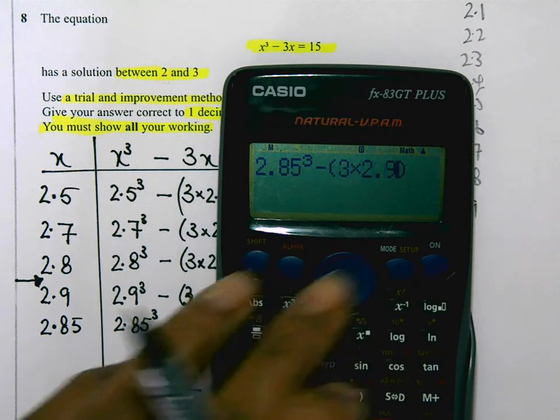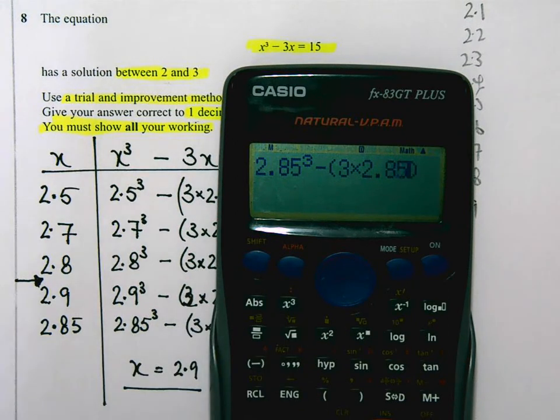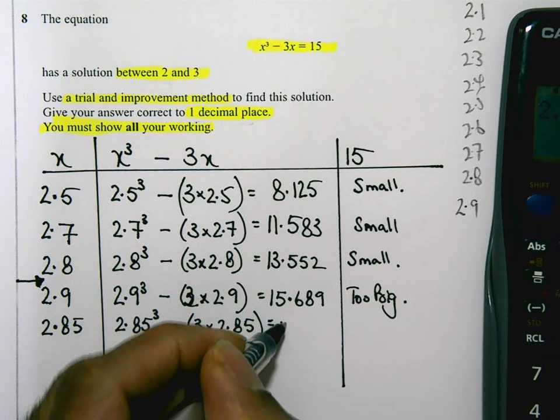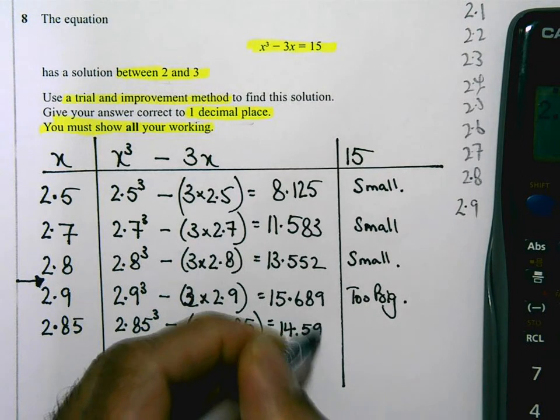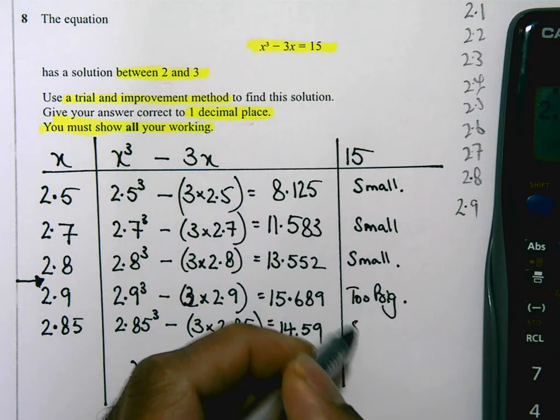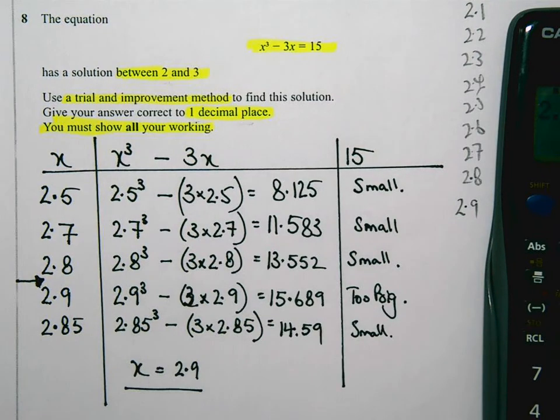That gets me 14.59. Now that is still too small. So what it means is I need to round up. I need to go to the one bigger than 2.85, and the one bigger than 2.85 is going to be 2.9. But we knew that already.